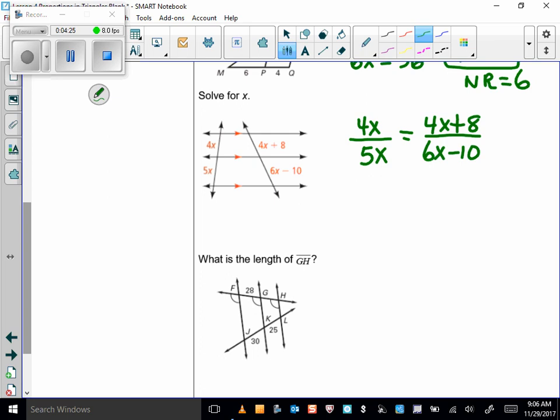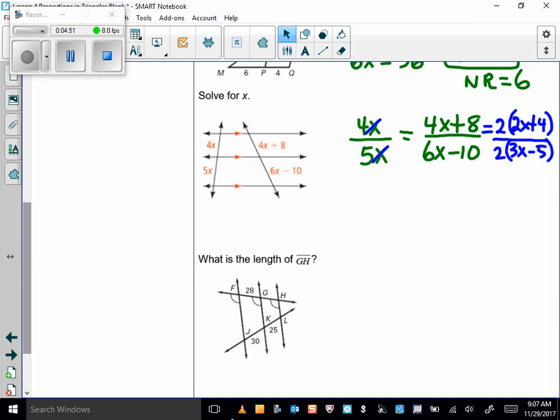And definitely, I'm going to simplify this side. I could simplify this side too, and I'm going to go ahead and do that. I can divide a 2 out of both the top and bottom, so that'll be 2x plus 4. If I divide a 2 out here, that'll be 3x minus 5.